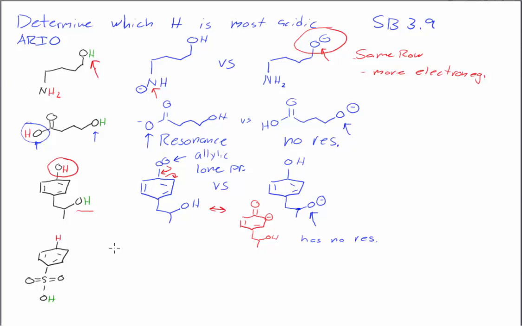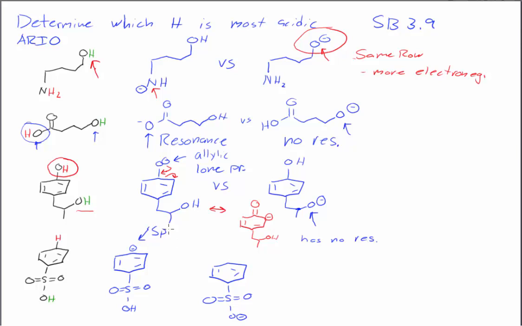And lastly, let's look at this bottom molecule. If I lose the red hydrogen, I get an anion on the ring. And if I lose the green hydrogen, I get an anion on this sulfonate group down in the bottom. So you might say, well, hey, that has resonance.